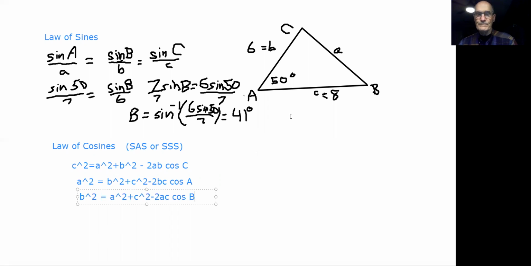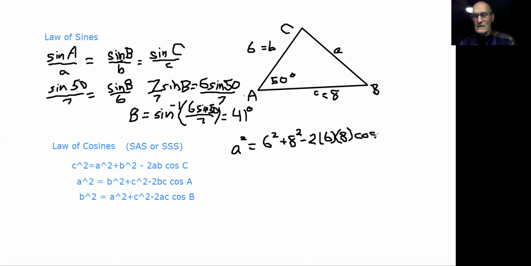So I would come in here and say a squared equals b squared, which is 6 squared, plus 8 squared, minus 2 times 6 times 8 times the cosine of 50 degrees.